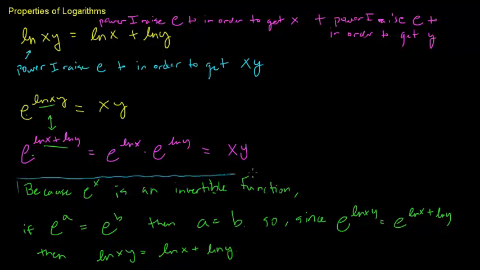Any invertible function has this really useful property that if the function values are equal, then the inputs must be equal. We'll use it again in these proofs, but really, anytime you see an invertible function, you can use this structure to your advantage. Okay, so we've proven our first property.